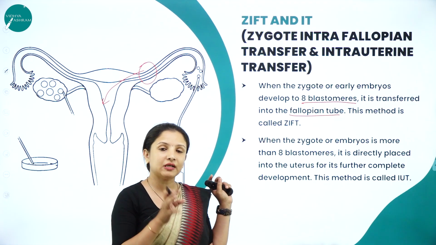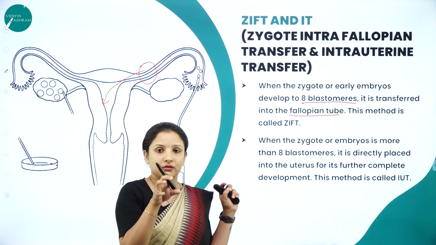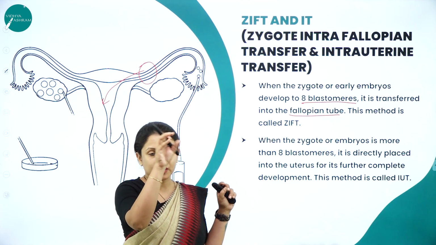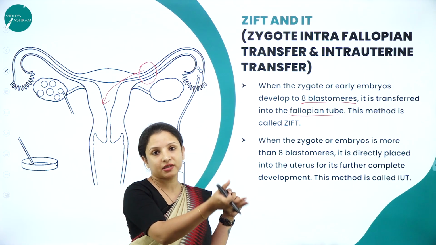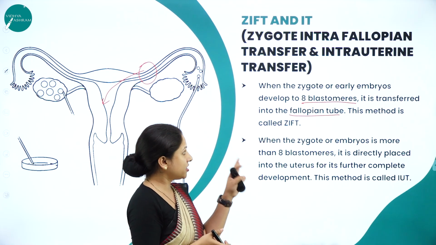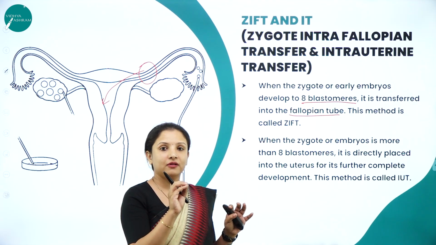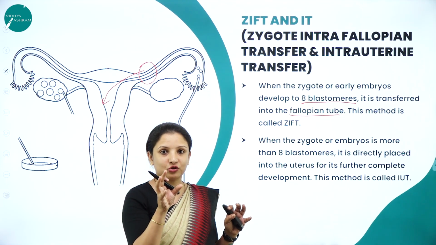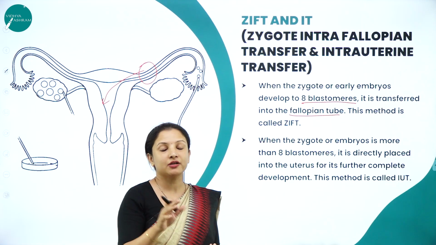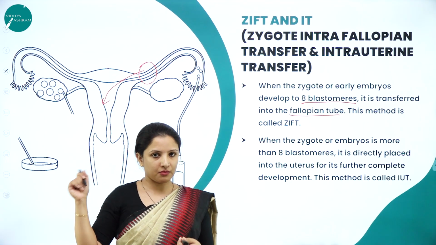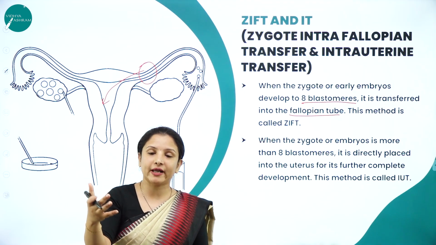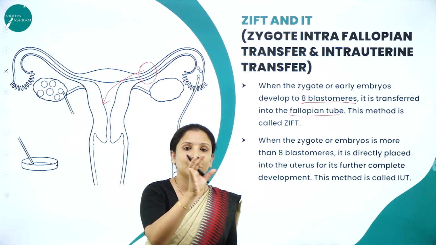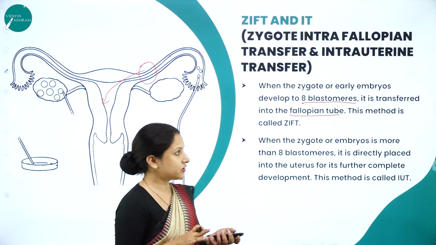In IVF, once the zygote is formed, or once the embryo develops, it will be inserted into the uterus of the mother. But here, the zygote that develops to the 8 blastomere stage is inserted into the fallopian tube of the mother. From there, after it becomes the 16 or 18 cell stage, it will travel and embed itself in the endometrium lining.